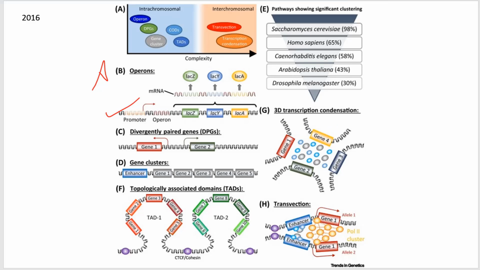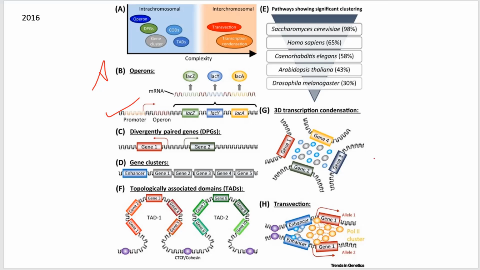See, several genes, gene 1, 2, 3, 4, are all present on different chromatins, but they cluster together. If you have heard about epigenetics, then you know that acetylation or methylation of the chromatin can lead to different structures like heterochromatin or euchromatin.